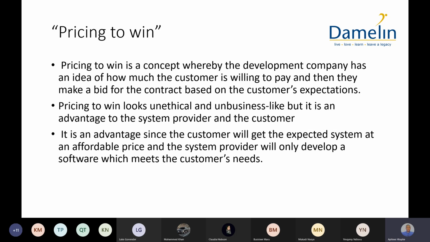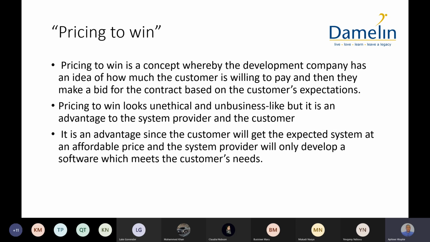And I'm not sure if it's ethical or unethical, but people do it a lot. So pricing to win is a concept whereby the development company has an idea of how much the customer is willing to pay and then makes a bid for the contract based on the customer's expectations. So pricing to win, in order for you to do it effectively, you need some intel, some inside information.